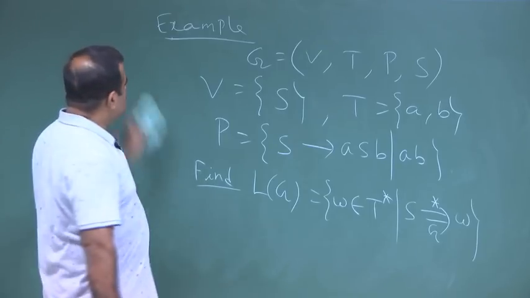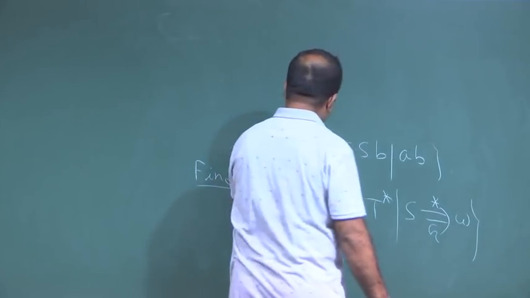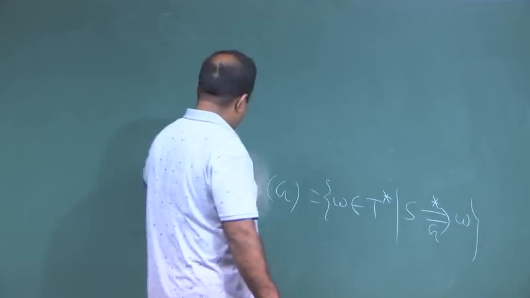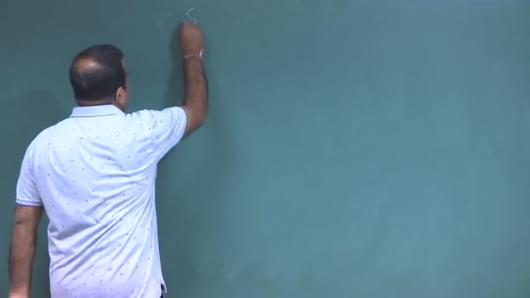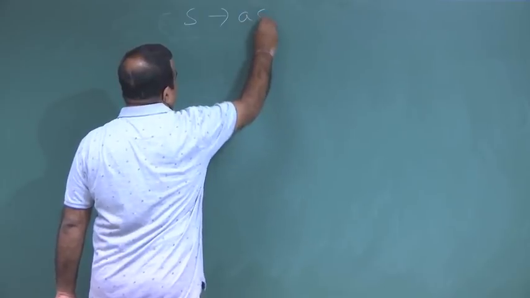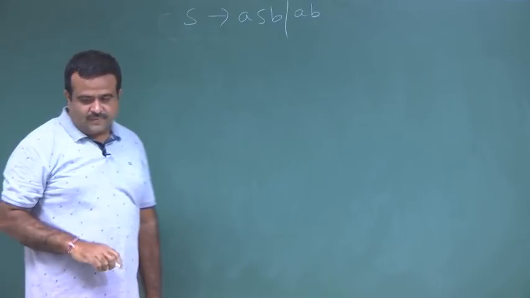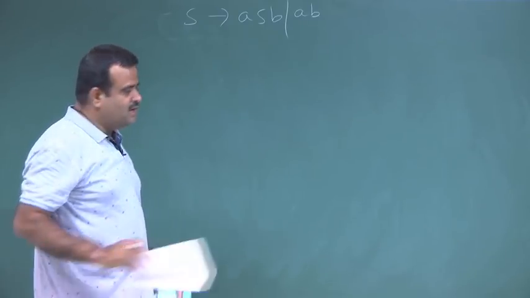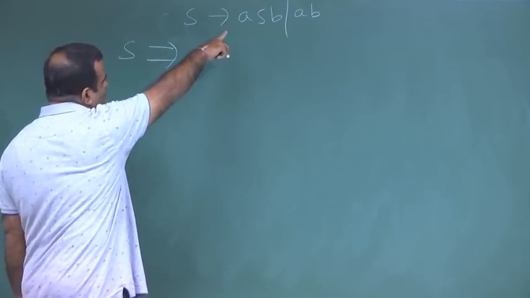So, what is L of G? Our S is of the form ASB or AB. Now, from S we can either apply AB or we can apply ASB.